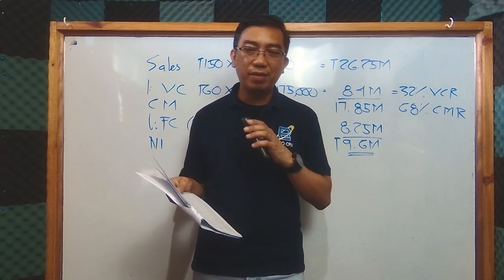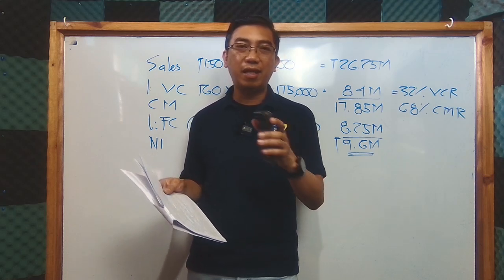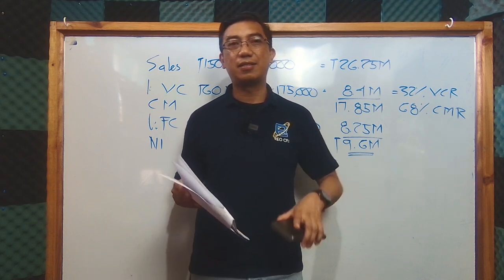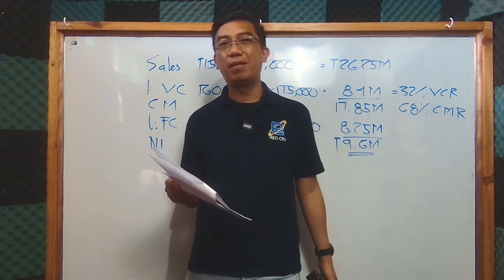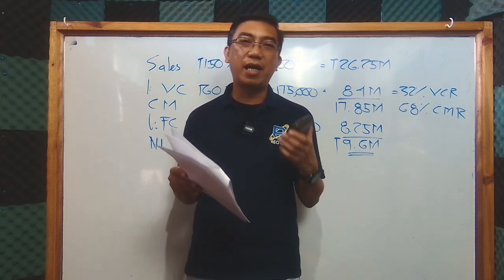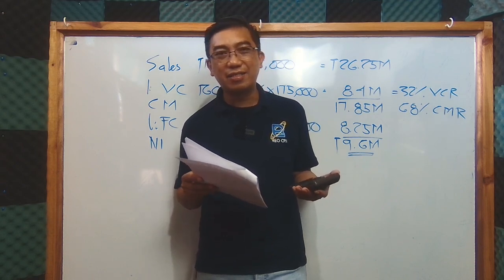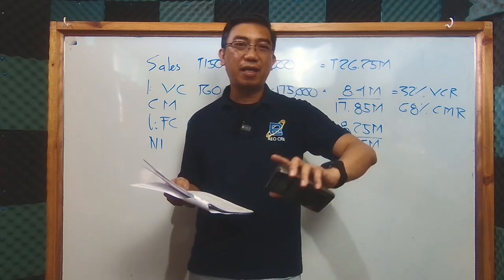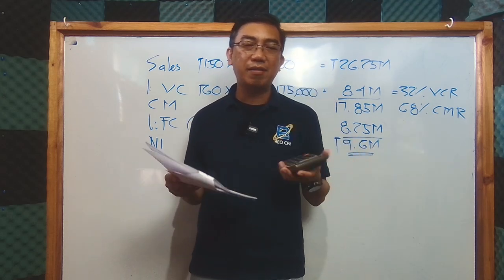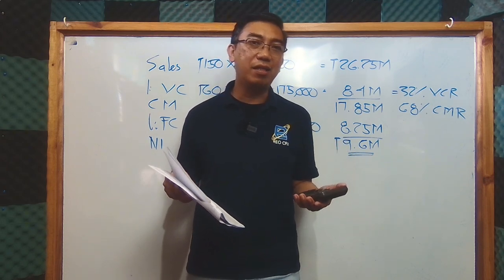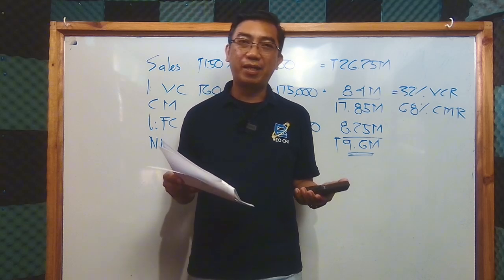Pag maximum net benefit yan, it should be net of all possible expenses, including taxes. Ganyan katindi yung problem na yan. Kaya yung nakalagay doon na the maximum net profit, malaking bagay yon class. Kasi pag net profit lang yan, 112 na yung sagot natin. But the question kasi is maximum net profit. In other words, that is already the maximum net benefit, net of all possible expenses.